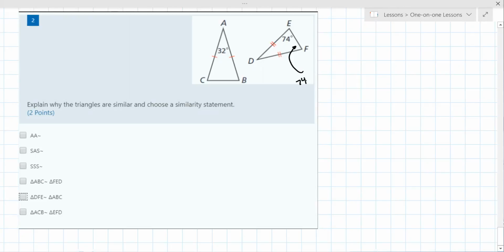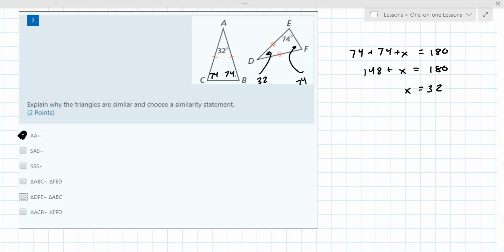So the 3 angles have to add up to 180. So you got 74 plus 74 plus x has to equal 180. So this ends up being 148 plus x equals 180, so x ends up equaling 32. So this angle right here is 32. And when you do something similar, you'll find that these are 74 and 74. So again, this is angle-angle because you got 2 angles that are the same in there.